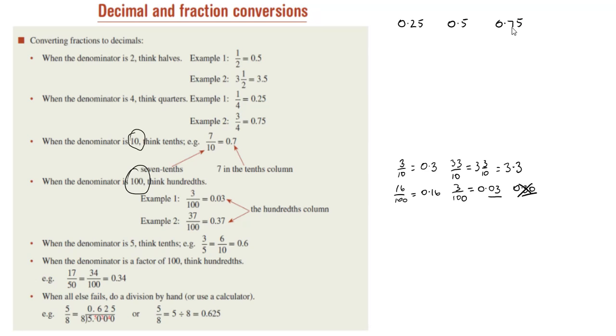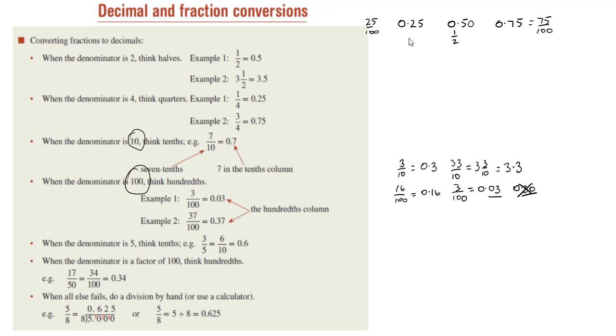Now I know that we can write them as 25 over 100, and we can write this one as 75 over 100, but we need to know what the simplified fractions of those are. 0.5 is easy because it's basically a half. 0.25, well, if you think of 0.5 as 0.50 with a 0 on the end, so it looks like 50, 25 would be half of 50.